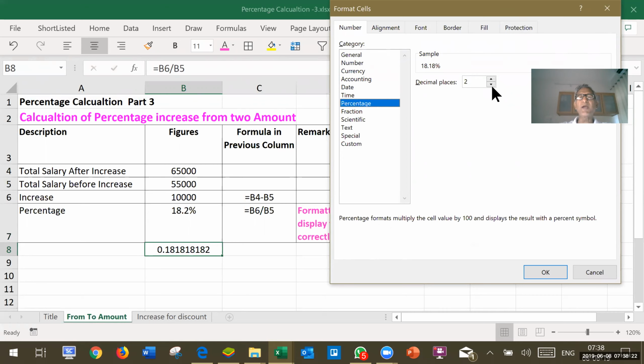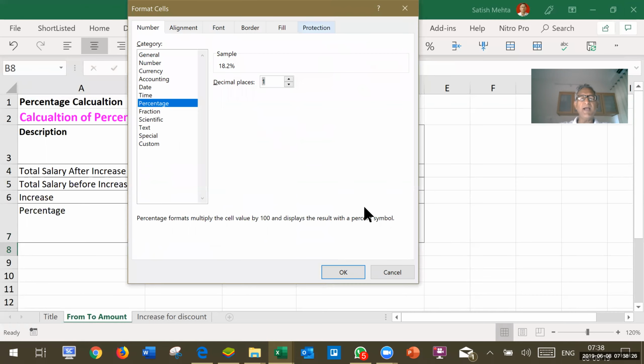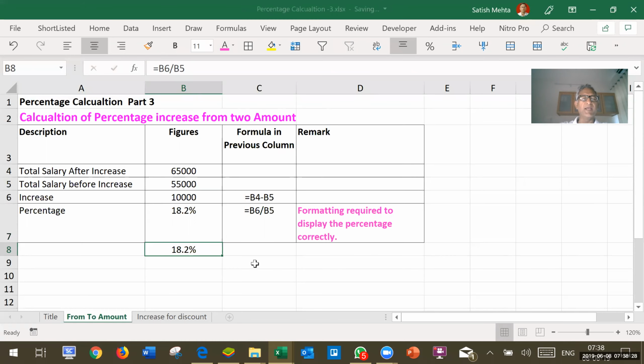So this 2 I am reducing by clicking on the down arrow and I am clicking on OK. So my figure gets formatted into 18.2%. So this way you can calculate percentage amount of increase from amount before increase and amount after increase.